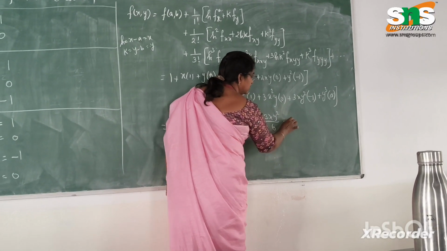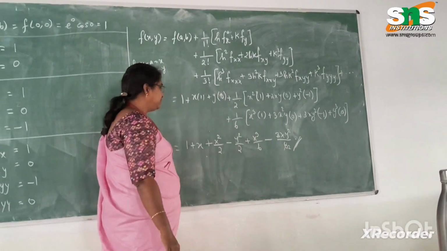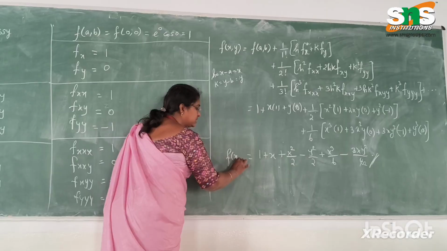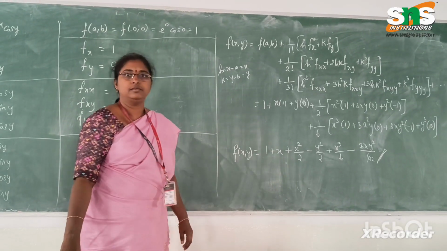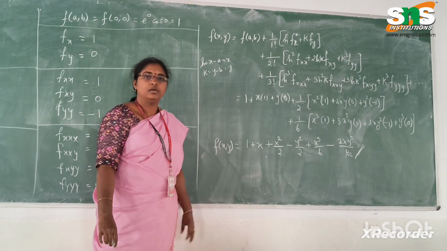That's all. Here we can cancel the 3. This is the value of f(x, y). Okay, we got the answer for this sum. Okay, thank you.